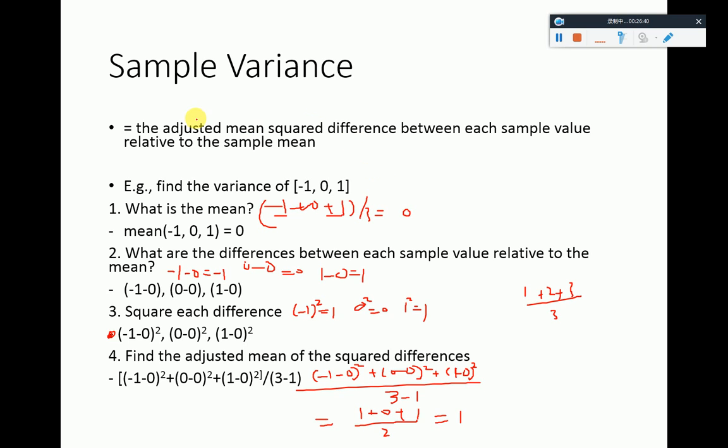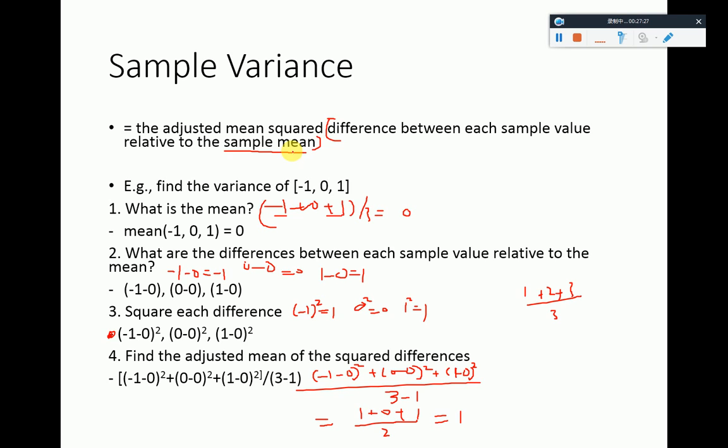Now we know how to dissect this sentence: the adjusted mean squared difference between each sample value relative to the sample mean. The first step is to find the sample mean, and then we find the difference between each sample value and the mean: the first value, the second value, the third value.